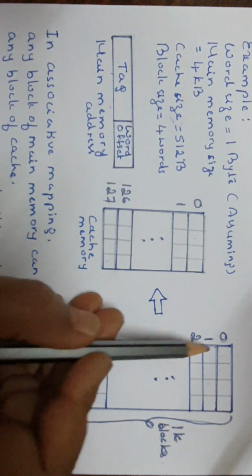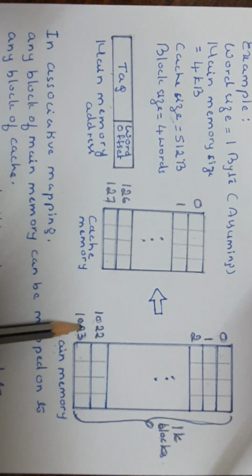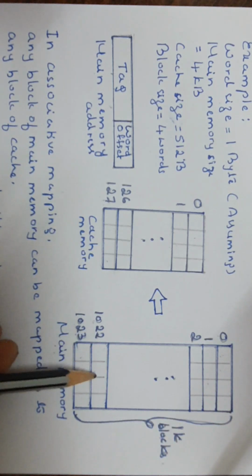Next, how many blocks are here? 1024 blocks are here. To represent a block number, how many bits are required? 1024 means 2 raised to 10, hence 10 bits are required to identify any block.